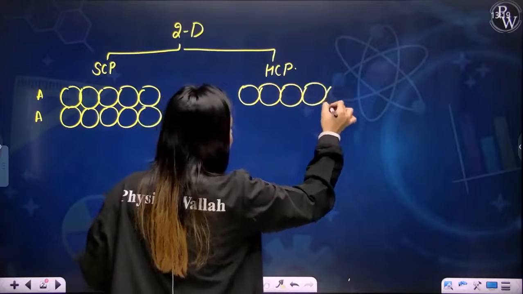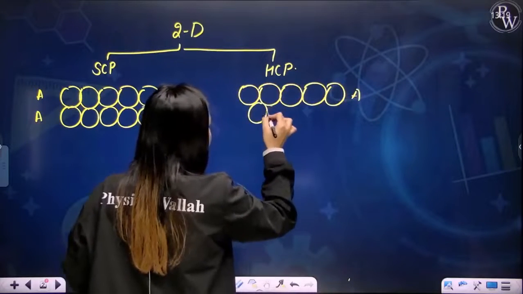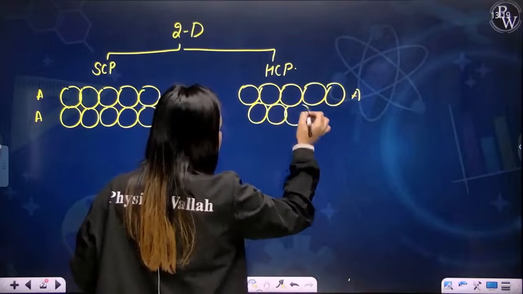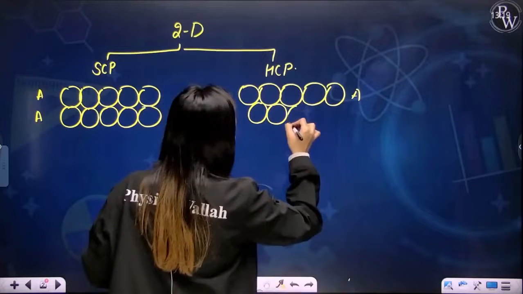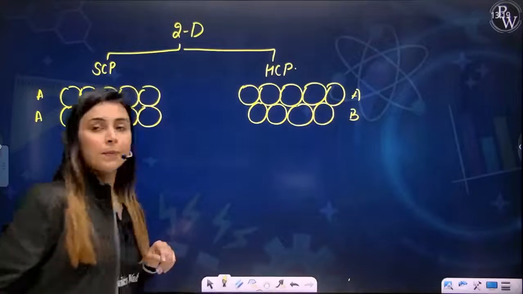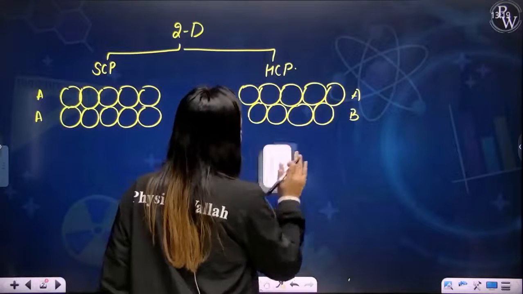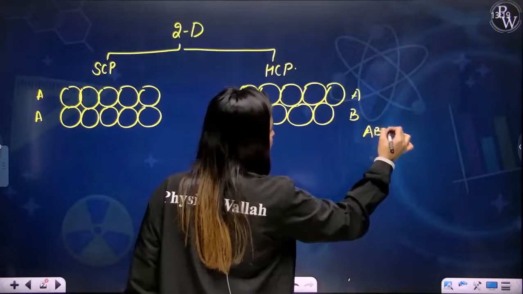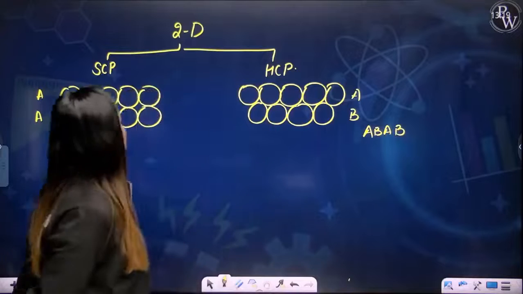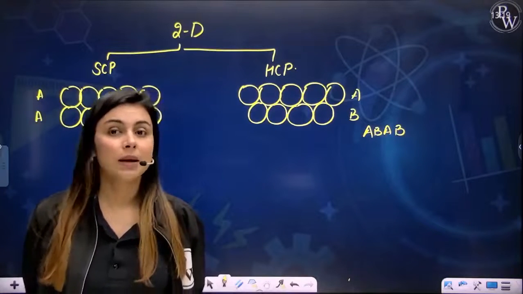This is your A layer, let's say, and in the depression of the A layer, you put the other layer. So this would be your B layer. This is known as your AB type of layering. These were the two types of layering which we discussed in two-dimensional packing.